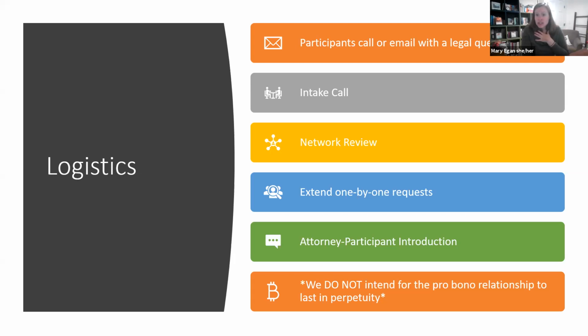I'm the person who receives it, and I generally reach back out either via email or phone, whichever one I have of yours. I set up a phone call with you, and we spend 15 to 20 minutes chatting about the legal questions you have and the project you're working on. I also confirm your eligibility. We do have eligibility guidelines that I'll talk about in a minute.